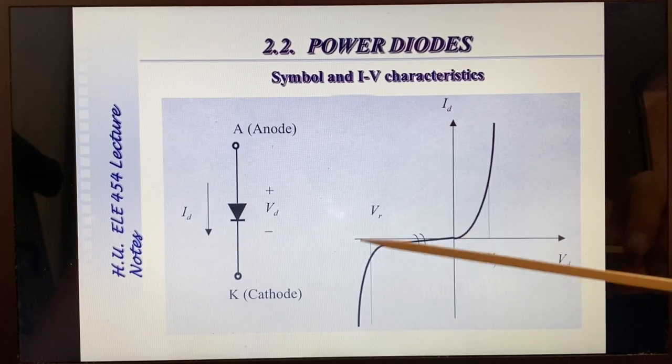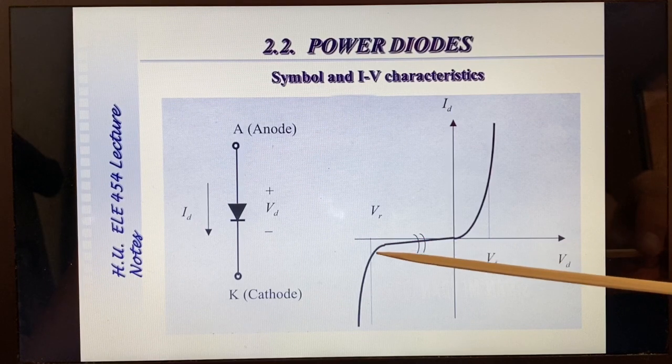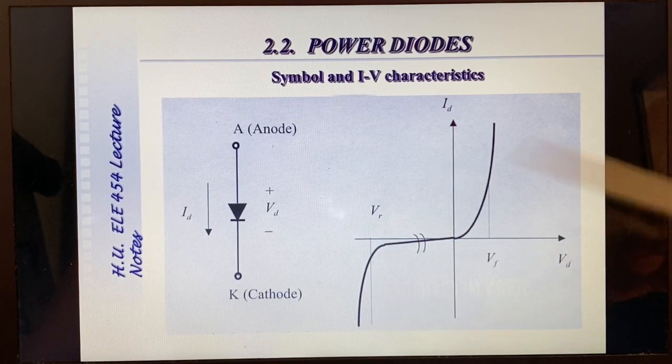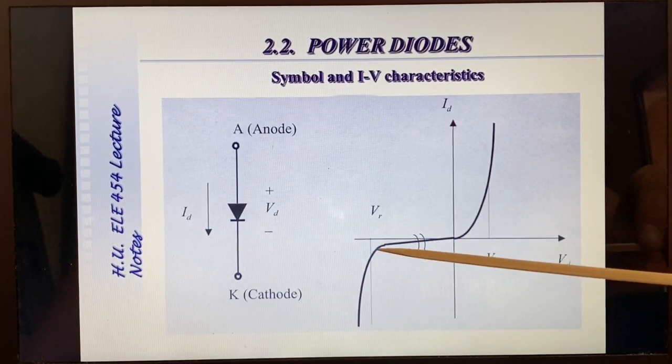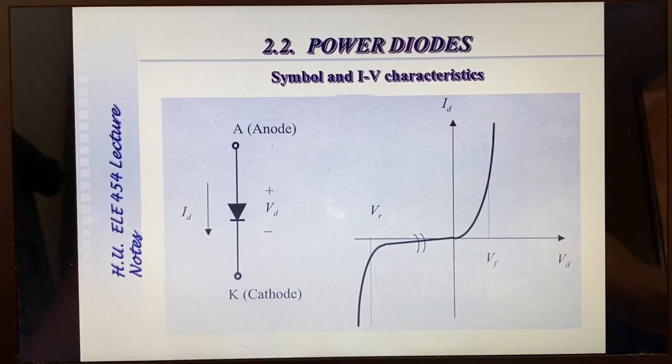Beyond the reverse voltage withstand rating, VRRM, which I talked about in the first chapter, the junction breaks down irrecoverably, and the device goes into a short circuit failure case.